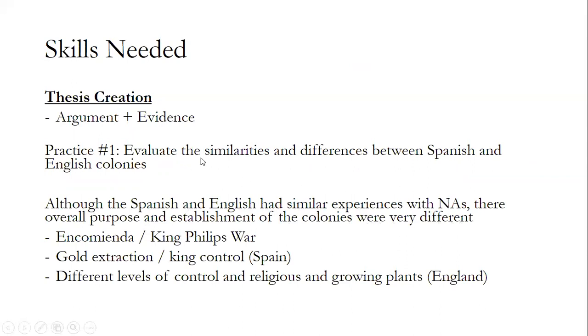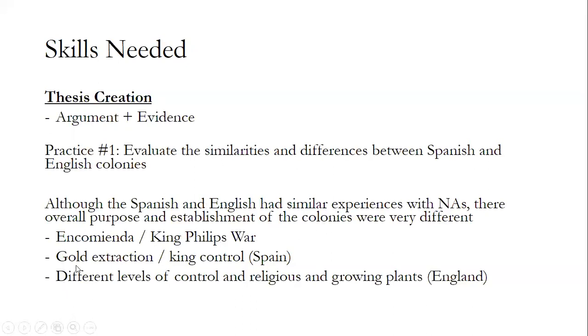So since I'm having to evaluate the similarities and differences, I put something that's similar, I put something that's different, I make sure that it's concrete, so I was not vague. I did not say the Spanish and English had some similarities and some differences. I spelled out exactly what I thought my similarities and differences would be. So I said similar, those Native Americans, purpose and establishment for the colonies was very different.